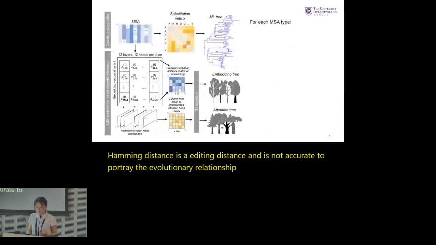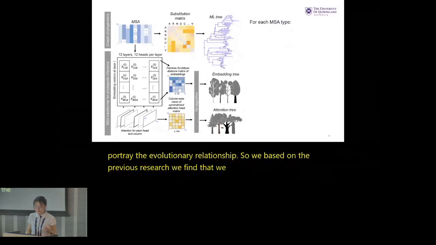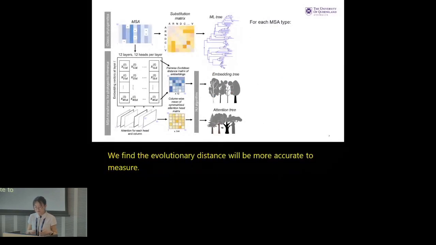Based on previous research, we find the evolutionary distance is more accurate for measuring evolutionary relationships.